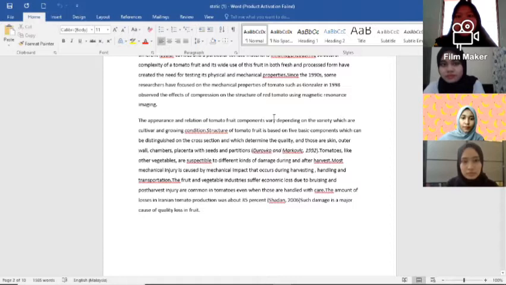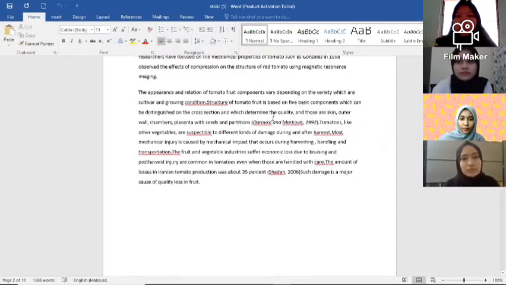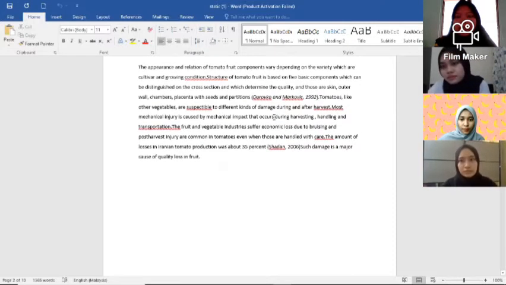Since the 1990s, some researchers have focused on the mechanical properties of tomato, such as Gonzalez in 1998, who observed the effects of compression on the structure of red tomato using magnetic resonance imaging.